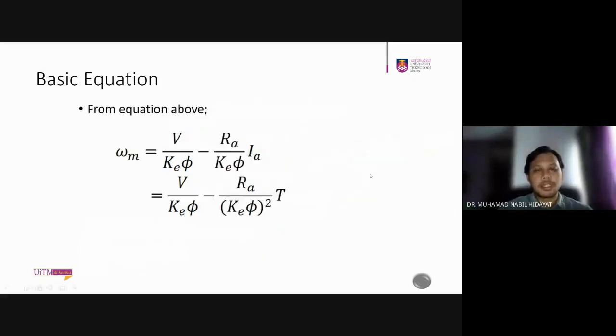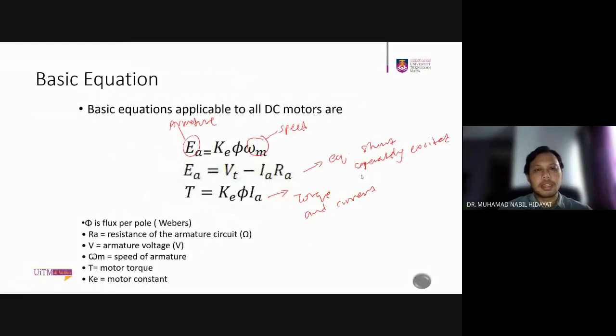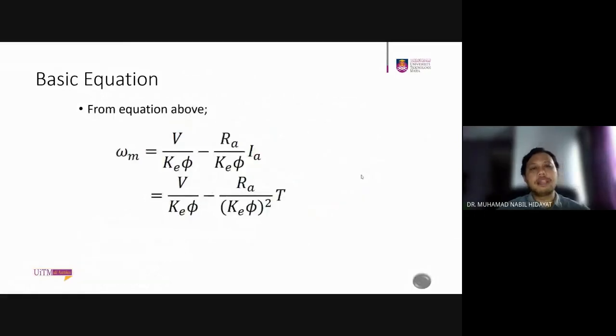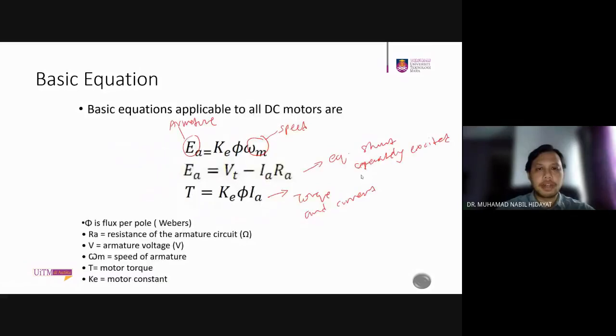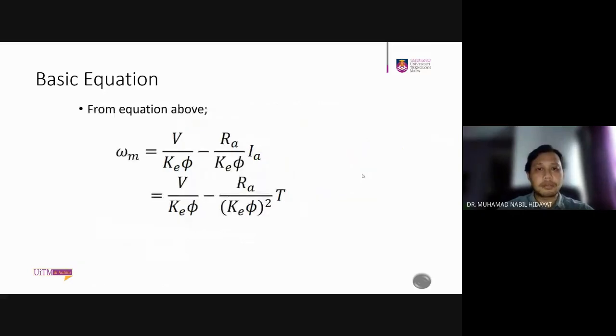Based on those three equations, we can find the value of the speed. Again, EA equals KE flux omega m, and also EA equals VT minus IARA.